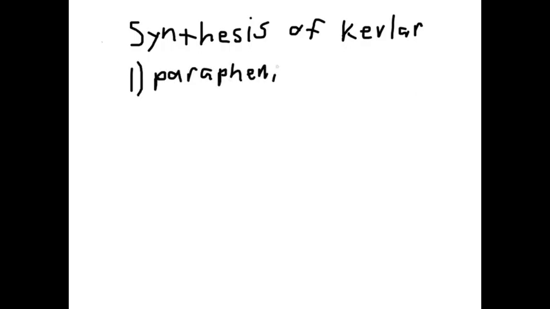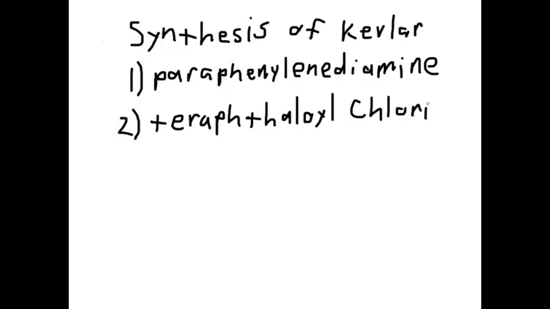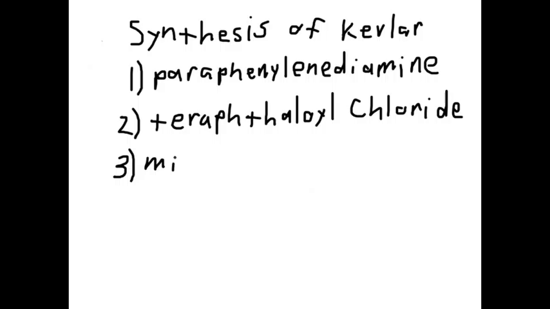However, I will list the chemicals that go into creating Kevlar. The first of these is called paraphenylenediamine, and the second is called terephthaloyl chloride. If you look at the structures of these two molecules, it is relatively easy to see how they fit together to form the Kevlar molecule.